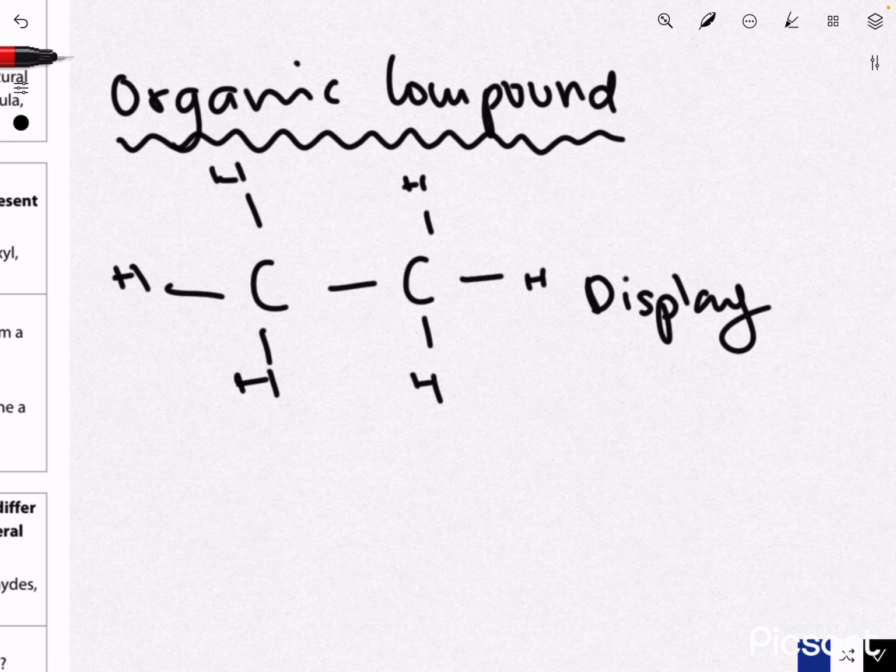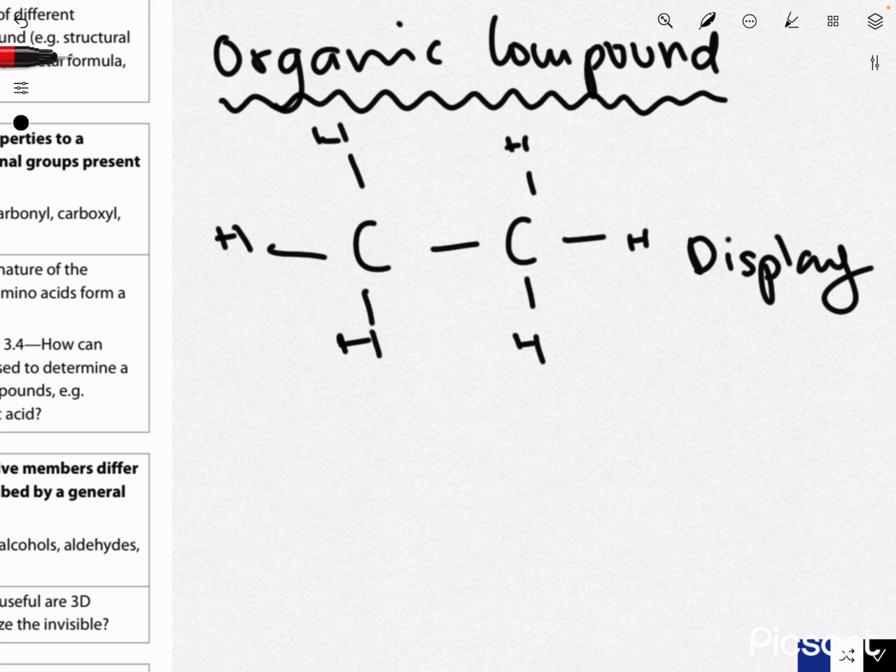The display formula is when you draw out every single bond between all of the elements. A molecular formula is one that demonstrates all of the atoms within a molecule.